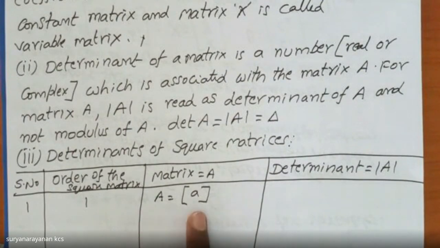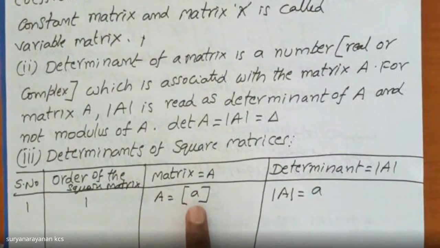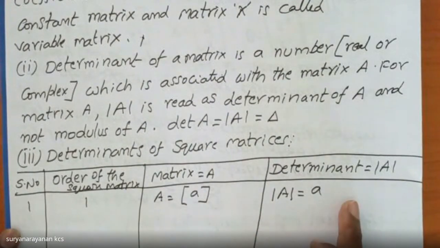If only one element is there, then det A is whatever the element is inside the matrix. The determinant of a square matrix of order 1 is the element itself. It may be a positive number or a negative number.